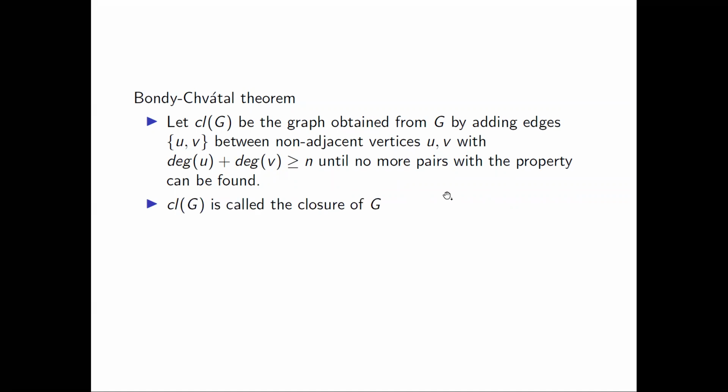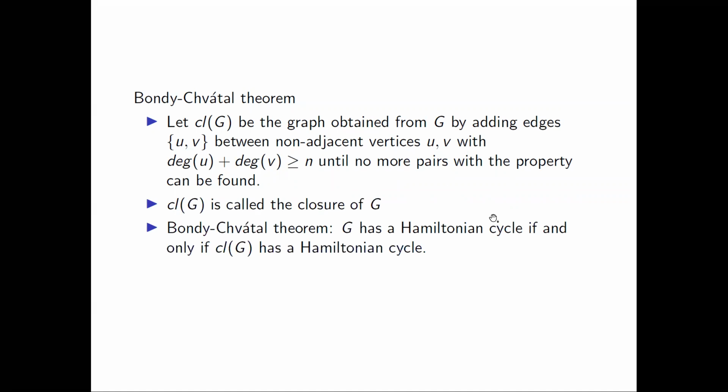Like I said, it's called the closure. It's written as CL of G. And the Bondy-Chvátal theorem says that G has a Hamiltonian cycle if and only if the closure of G has a Hamiltonian cycle. So let's talk for a second about why this implies Ore's theorem.